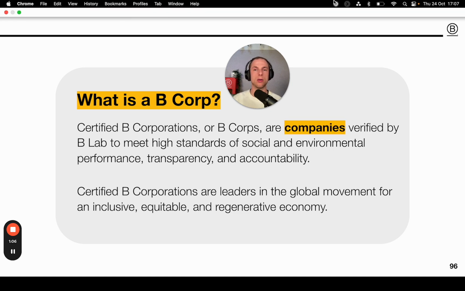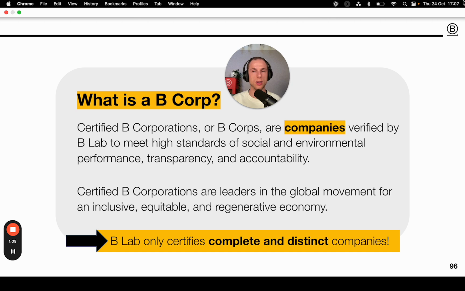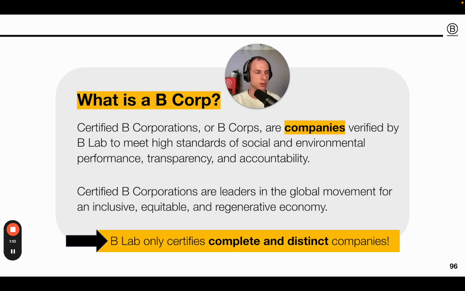B-Lab only certifies complete and distinct companies. Complete means we do not certify company divisions. We don't certify, for example, the marketing division of a certain group or company. We also don't certify brands, but we certify companies.